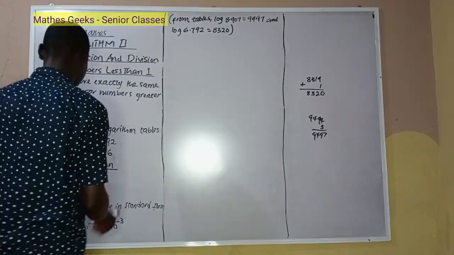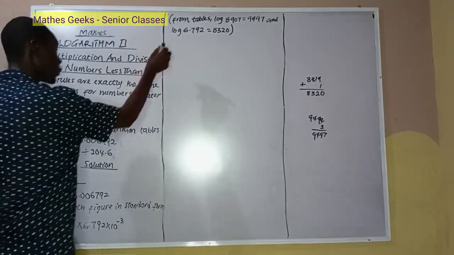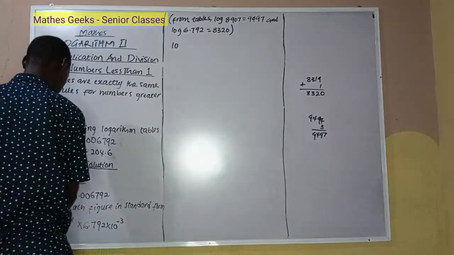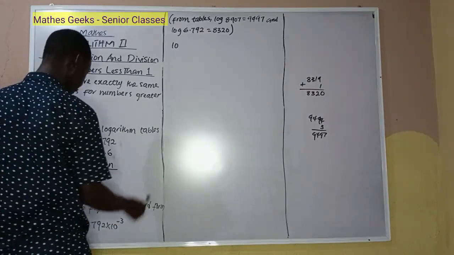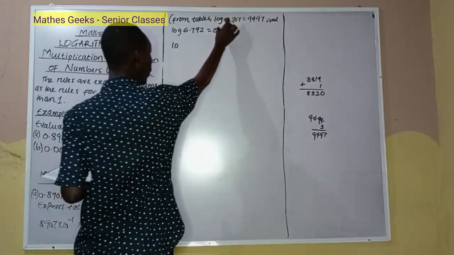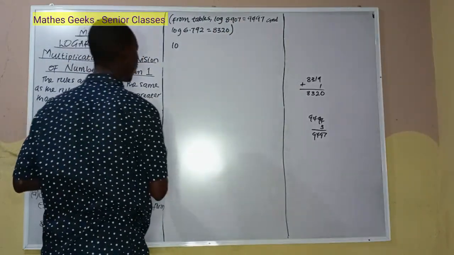So what this implies is that we're going to have them in a common base. Each of them will have base 10. So 10 raised to the log of 8.907, which is 0.9497.